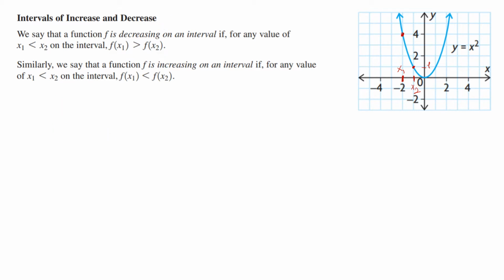Similarly, a function is increasing on an interval if for any x1 still smaller than x2, my f(x1) is smaller than my f(x2). Because this portion is increasing, let's say my x1 is over here and my x2 is 2.